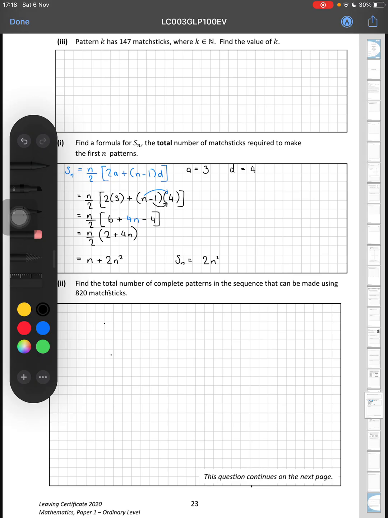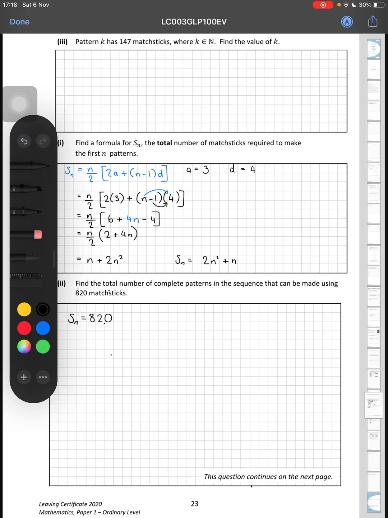When we multiply that out, n over 2 by 2 is just n, and then n over 2 by plus 4n is going to give me plus 2n squared. So my formula for S of n, usually if there's one variable with a higher power, we might write that first, so 2n squared plus n. But if we did just stop there, that's perfect as well.